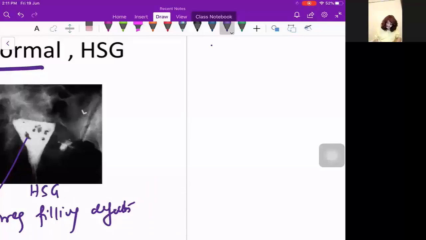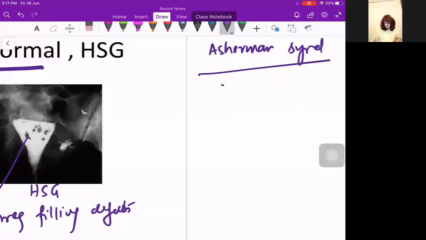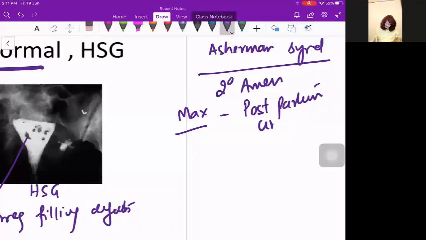Asherman syndrome is usually a cause of secondary amenorrhea, which develops after vigorous curettage during MTP, or D&C, or post-cesarean or post-delivery. So the maximum chance for developing Asherman syndrome is postpartum curettage.